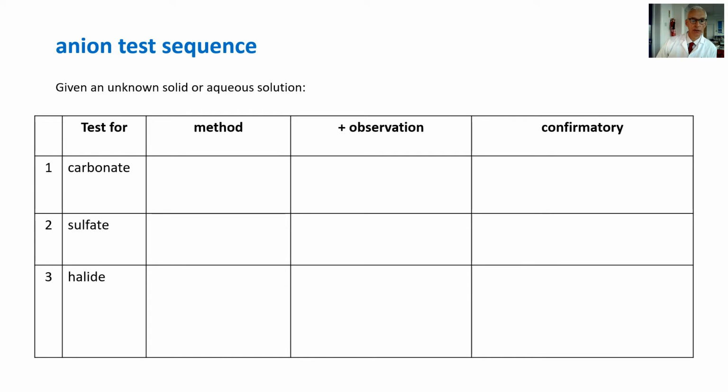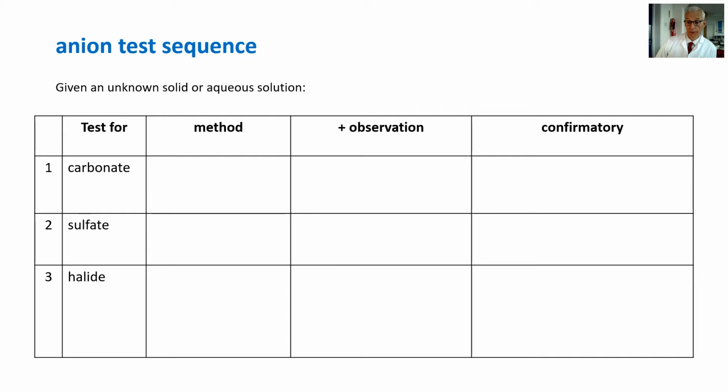We must first of all test for a carbonate, then test for a sulfate, then test for the halide. The difficulty is that if you test for a sulfate first, you may have formed a carbonate, and that will confuse the interpretation. So that sequence must be followed. Carbonate, then sulfate, then halide.